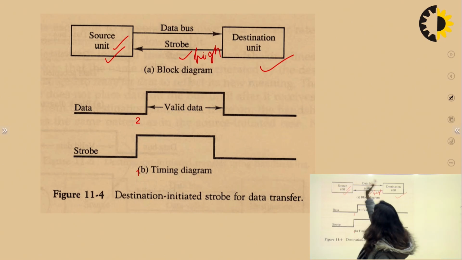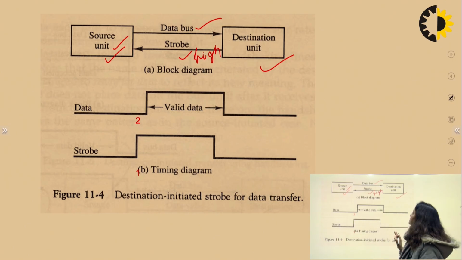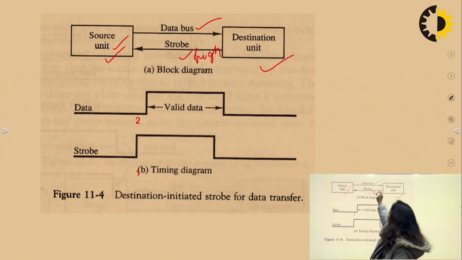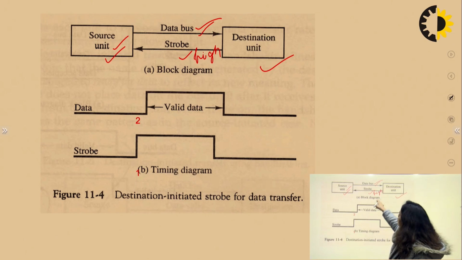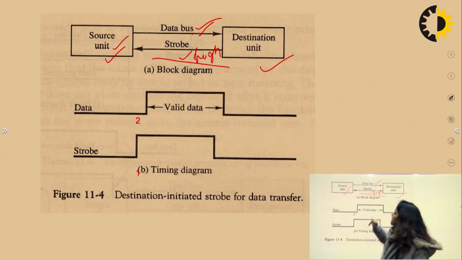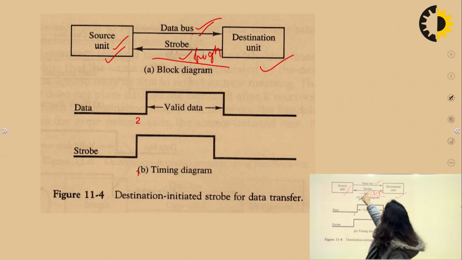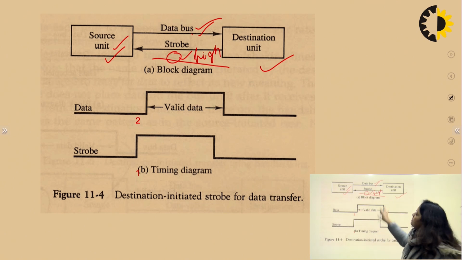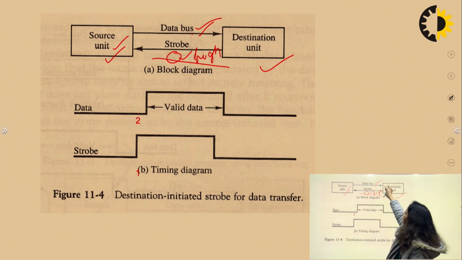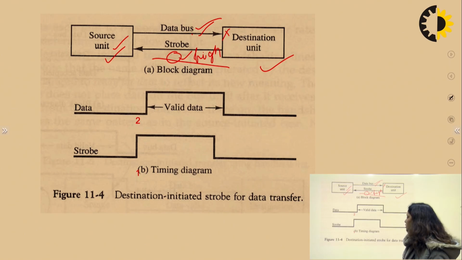In reply to that strobe signal, it puts the data on the data bus, which is received by the destination unit. As long as the strobe signal is high, the data on the data bus is considered valid. Whenever the strobe signal falls to 0, the data on the data bus becomes invalid, and the destination unit stops receiving data from the data bus.